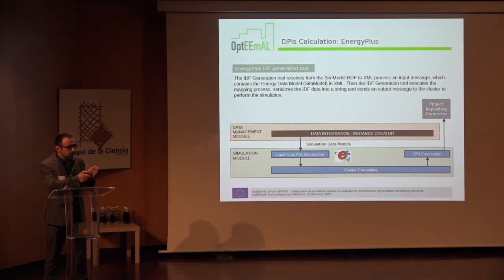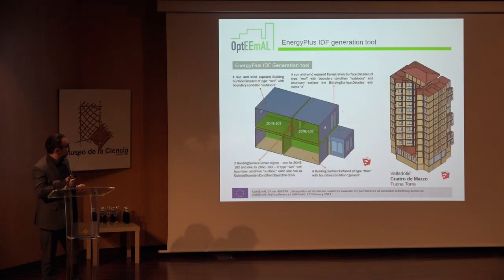So there are multiple executions in parallel in order to simulate multiple buildings at the same time. And then after these executions are concluded, the DPIs are calculated and are communicated back to the project repository.